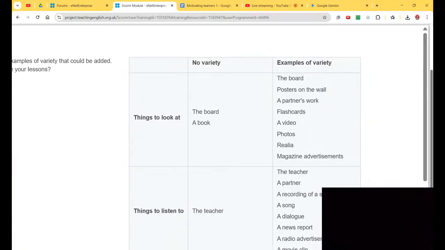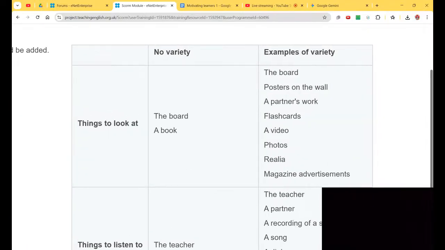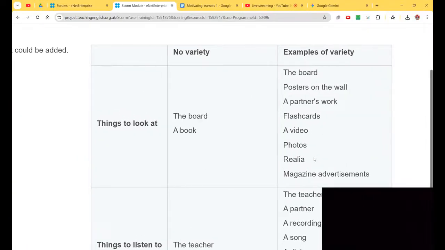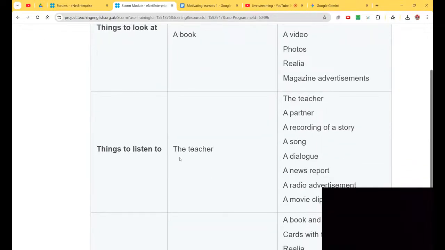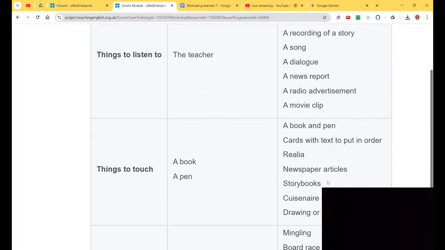Now, an example with variety. Things to look at: the board, a poster on the wall, a front wall, flashcards, a video, photos, really make the advertisement. Things to listen to: the teacher, a recorded story, a song, a dialogue, a history report, a radio advertisement, a movie clip.